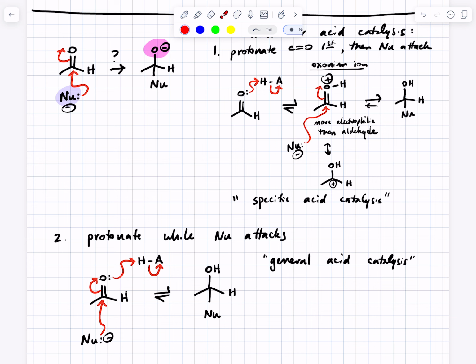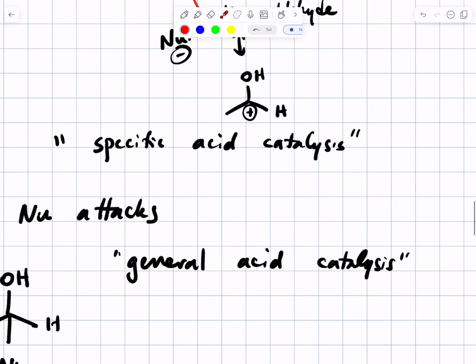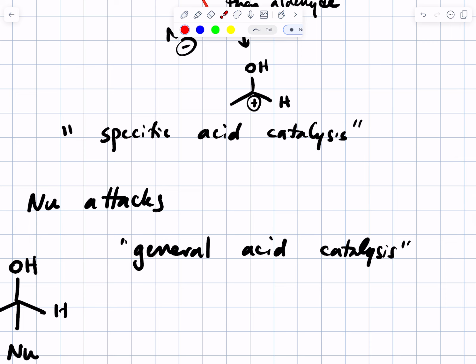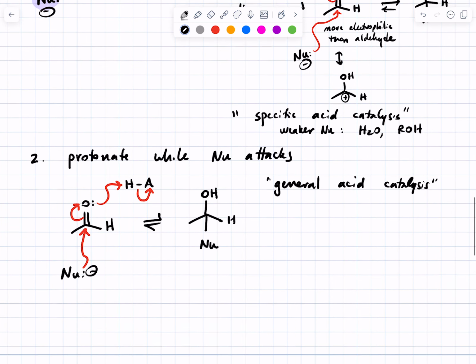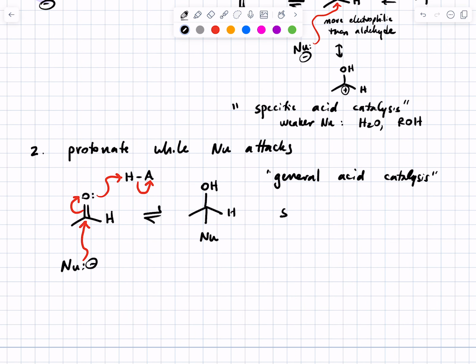If the nucleophile is weaker, it might need to wait for the acid to protonate first. So we will see in this chapter that specific acid catalysis generally involves weaker nucleophiles like water or alcohols, whereas general acid catalysis is going to involve slightly stronger nucleophiles like amines.